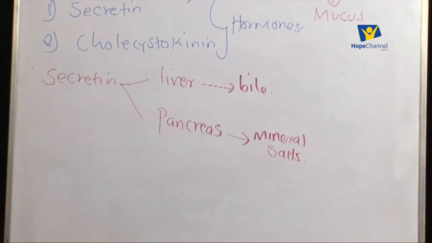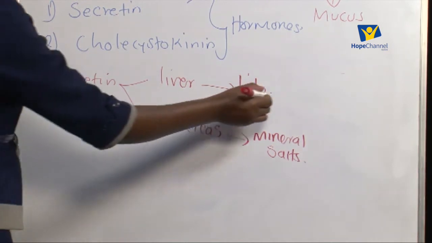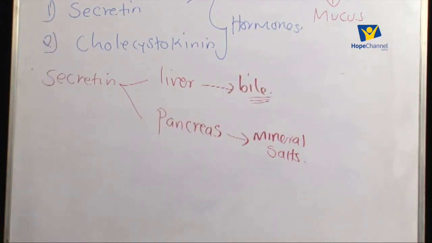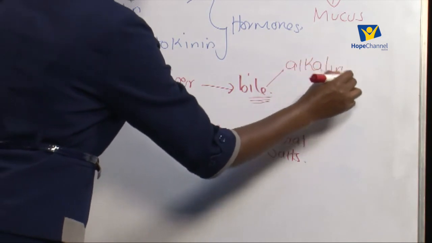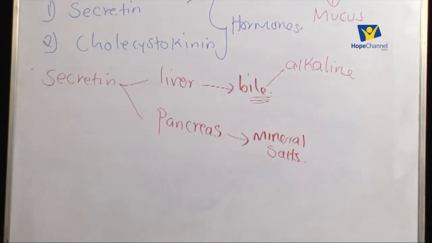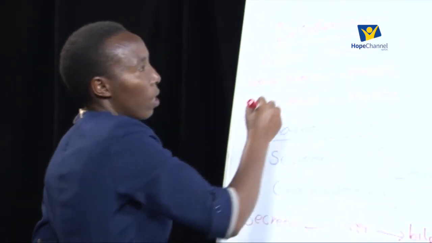Now, why are we releasing the bile? The bile consists of bile juice, which is a mixture of salts, and this bile is alkaline. When you talk about alkaline, what comes to your mind? It means that in the duodenum, we need an alkaline environment for those enzymes to do their work.